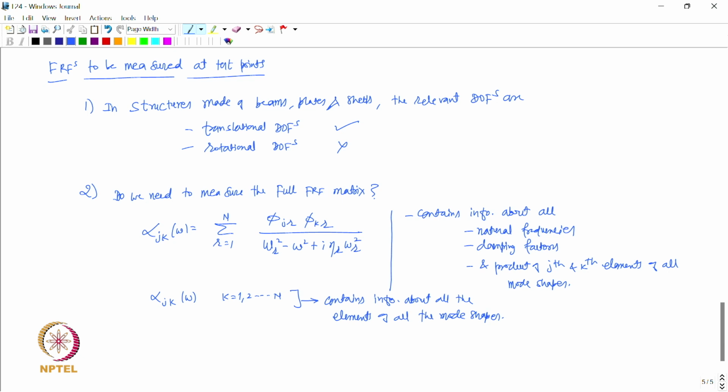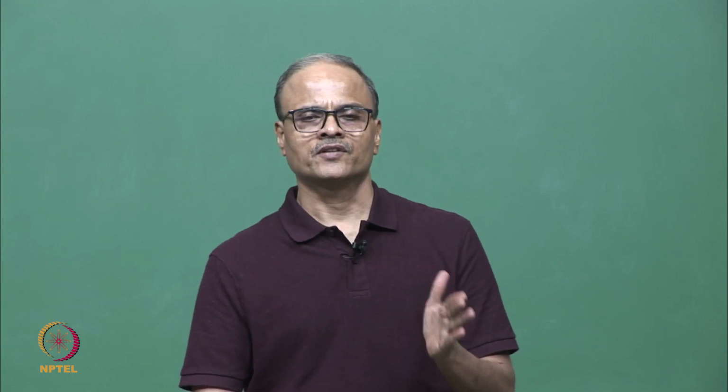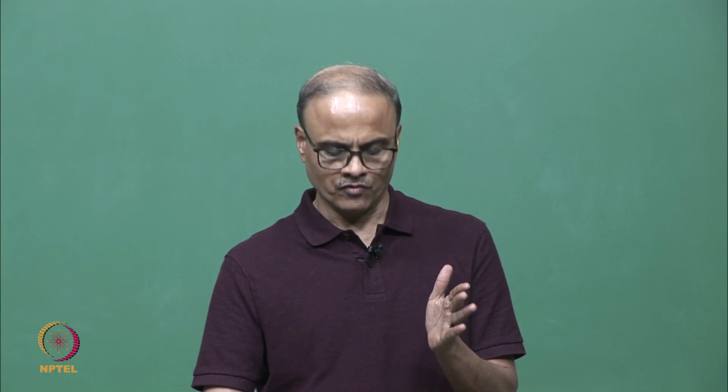So if we measure these FRFs alpha j k with k varying from 1 to n, essentially we are measuring one row of the FRF matrix, because we are fixing the jth coordinate, which is the response degree of freedom, and applying excitation at k varying from 1 to n.